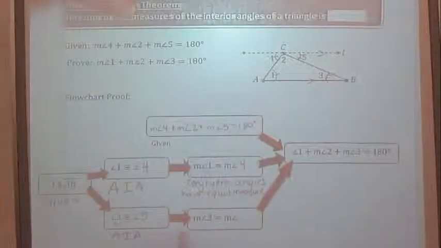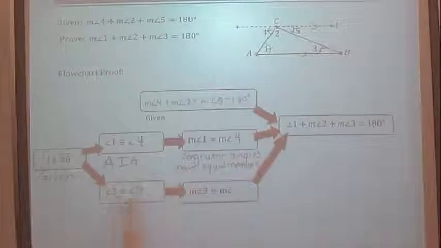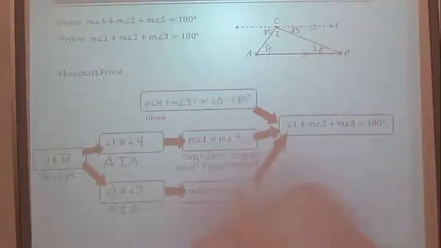Okay, and then again, also we know that if angle 3 is congruent to angle 5, then the measure of angle 3 is equal to the measure of angle 5. Okay, again, congruent angles have equal measure.